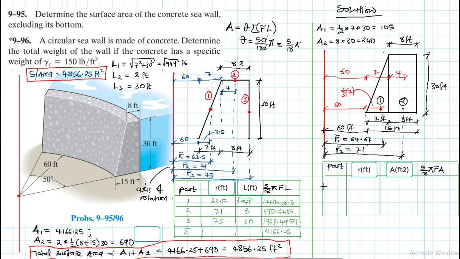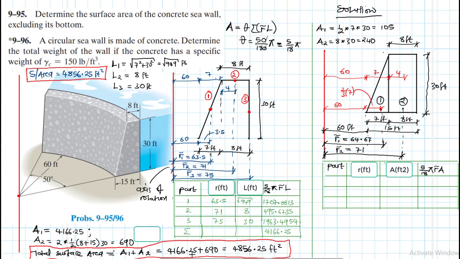So how many parts do we have? We only have 2, so we have 1, 2, and then the summation, 3. Great. So there we go. Let's fill in this table quickly.